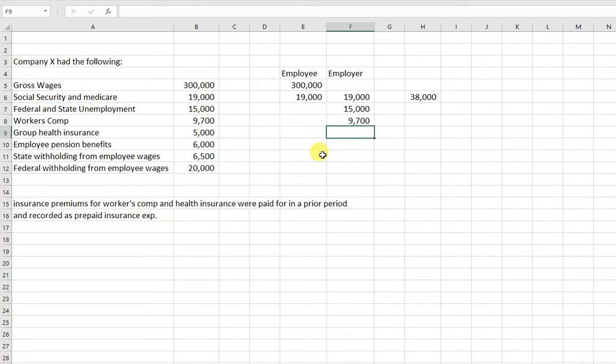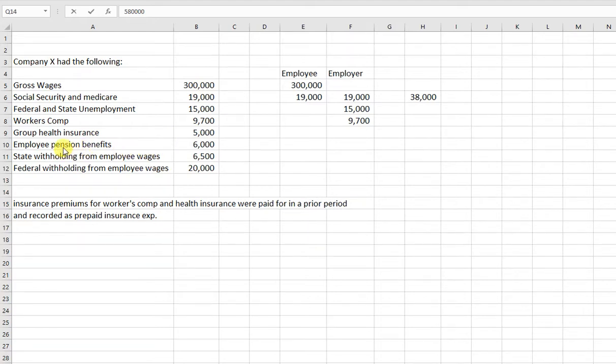Group health insurance. For group health insurance, you have to know who is actually paying for that, as well as the pension benefits. Most of the time the pension is paid for by the employer.